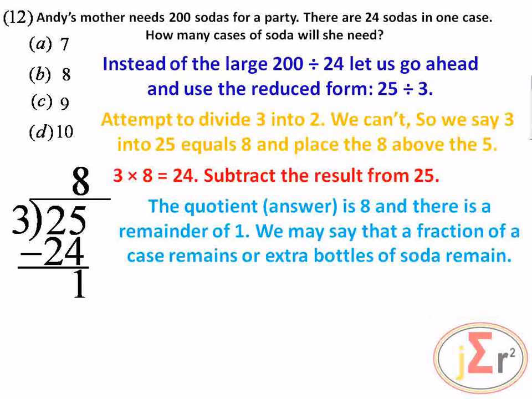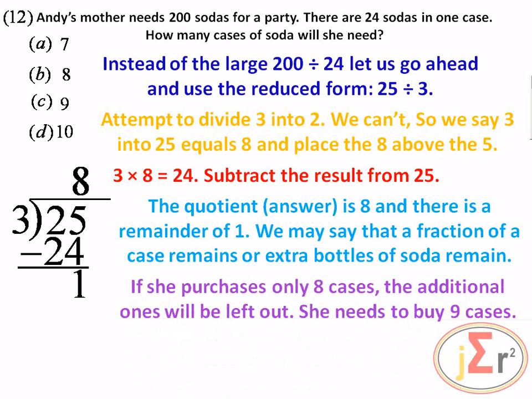But I do not say that it is option B. I say that the quotient is 8, and there is a remainder of 1. But Jerry is very surprised that I am not choosing 8 as my answer. We may say that a fraction of a case remains, or extra bottles of soda remain. So we know that they are extras, right? Yes.